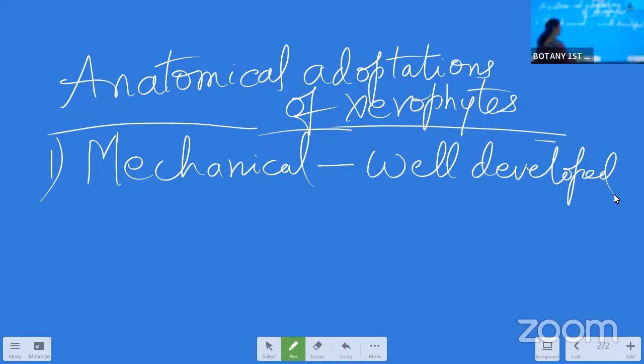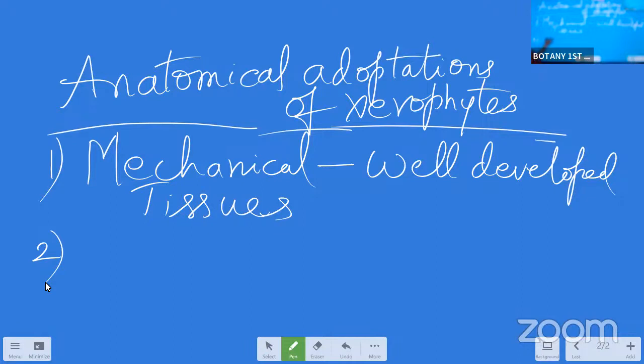Well developed mechanical tissues are seen in the xerophytes. That's the very first sentence that we have to write. Mechanical tissues means the next point is the continuation. Okay, don't go away from this concept. Move along with this concept only.